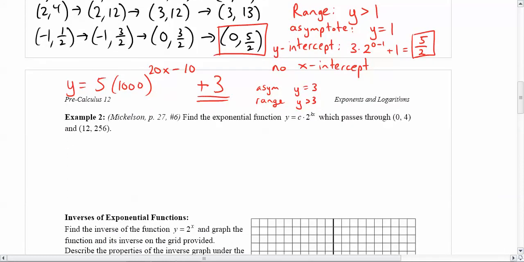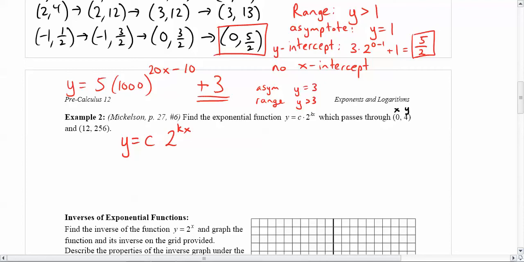Now in your homework today, you're going to have some questions kind of like this, where you're given an exponential function and a point, and you need to find out what the values of the terms are. So we're given the equation y equals c times 2 to the power of kx, and we're given 2 points. What those points represent is your x and y coordinates.